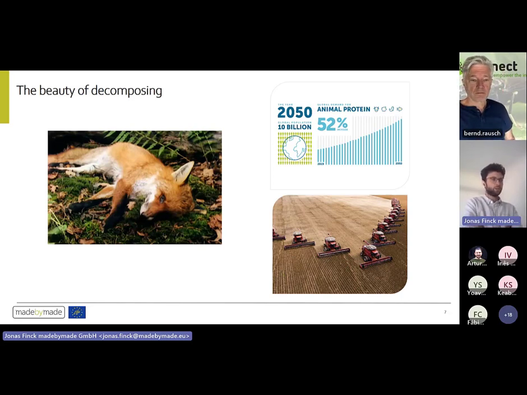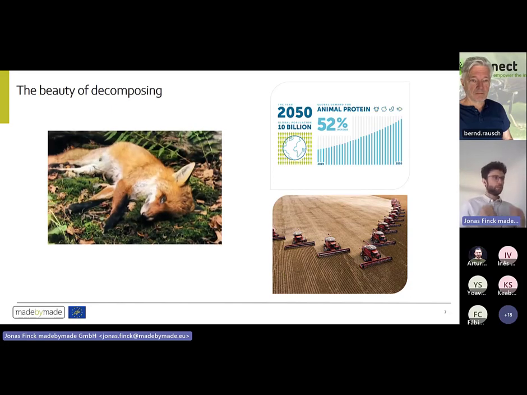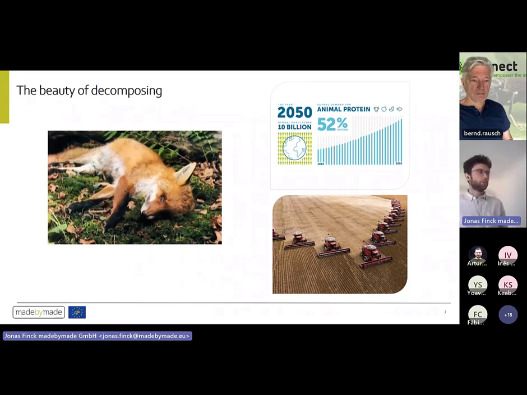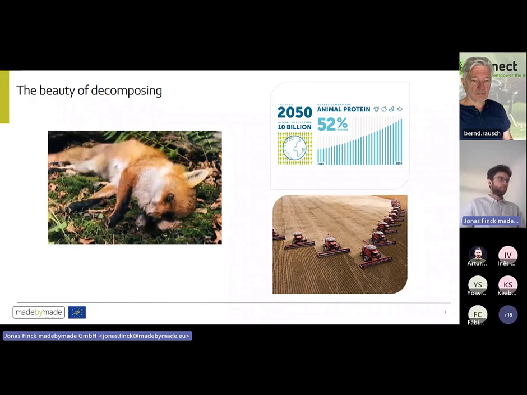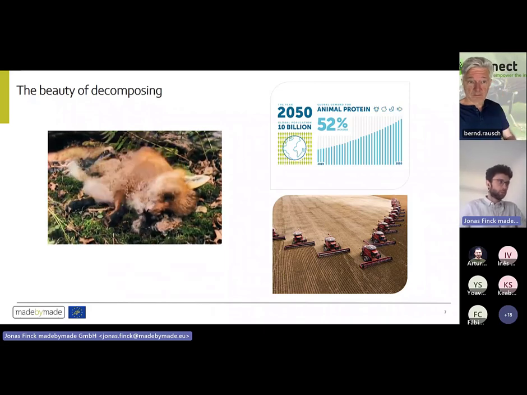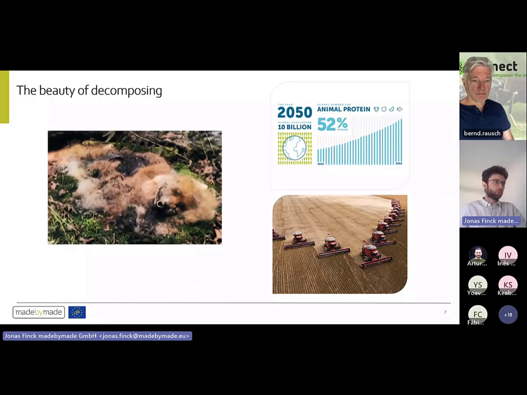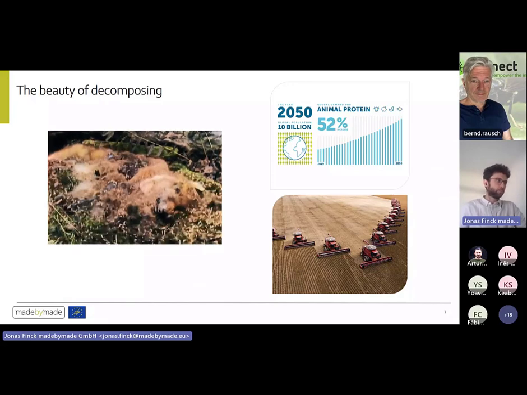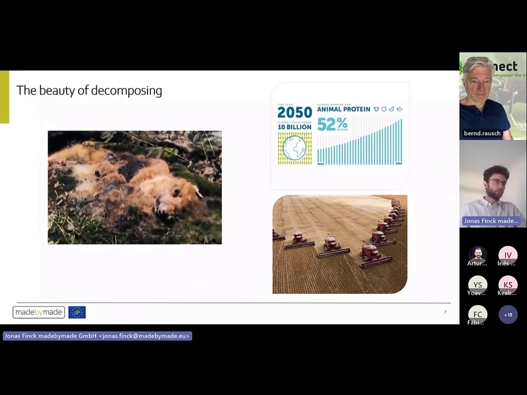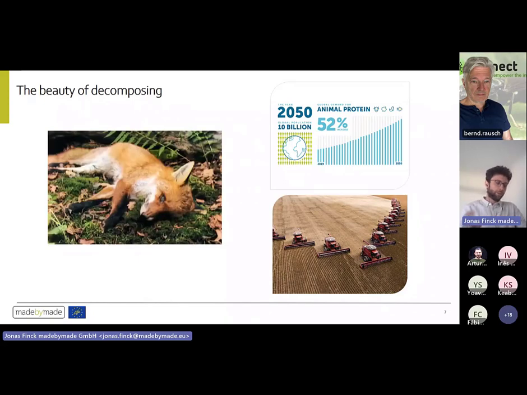insects are very important for decomposing. And I call it the beauty of decomposing, because insects are very efficient at decomposing organic waste. And I thought, okay, we should use that also for our task, to use organic waste, to use organic material. And in this short sequence of the video, you see the different development stages of, in this case, probably flies.